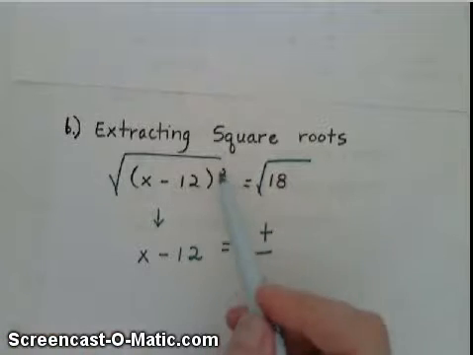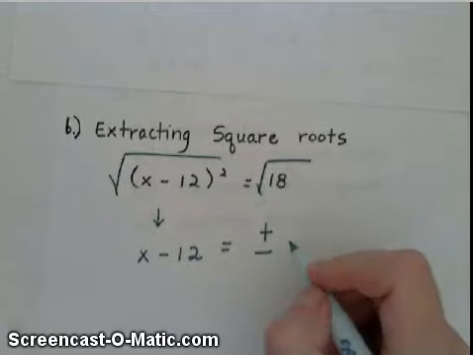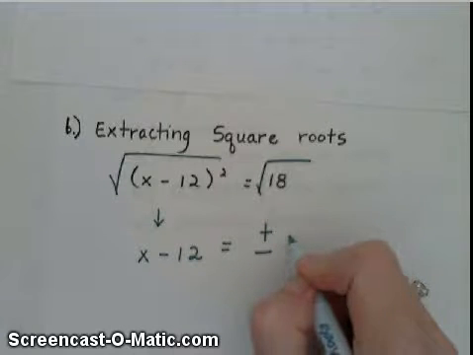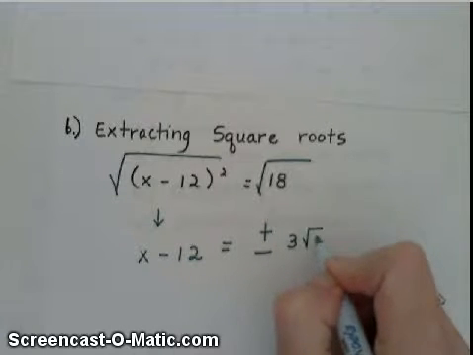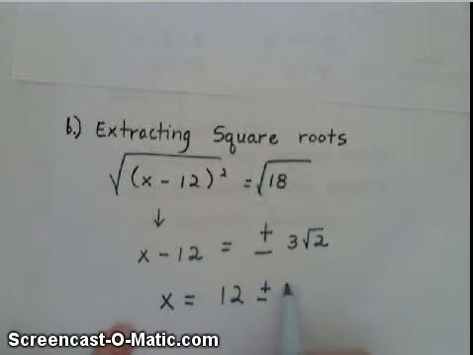So if you take the square root of this, you're going to get x minus 12. But if you take the square root of this, you're going to get plus or minus the square root of 18, 9 times 2, out pops a 3, 2 stays under. And then you don't want to just leave your answer x minus 12. You want to solve for x. So what we're going to do is we're going to bring the 12 over and say 12 plus or minus 3 square root of 2.